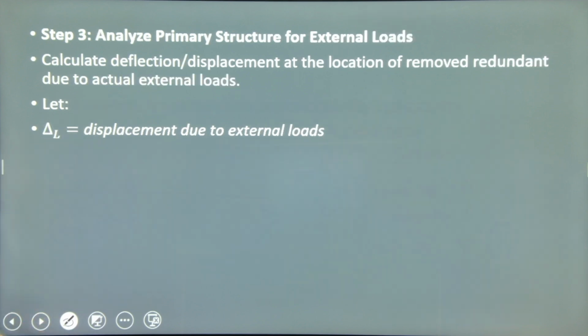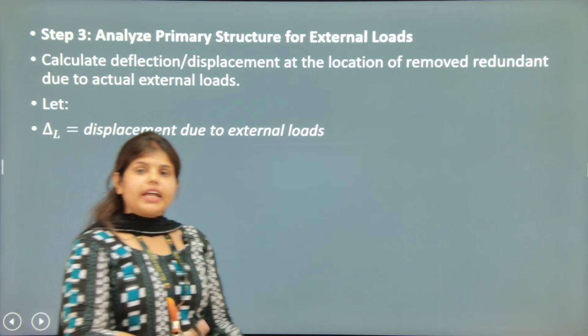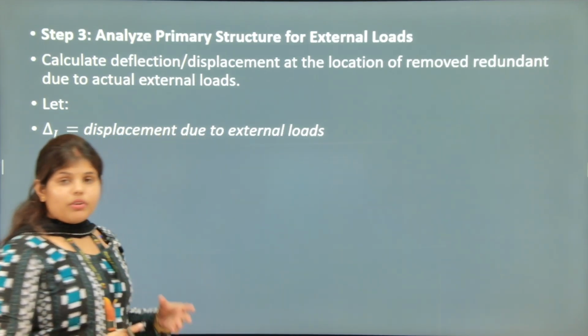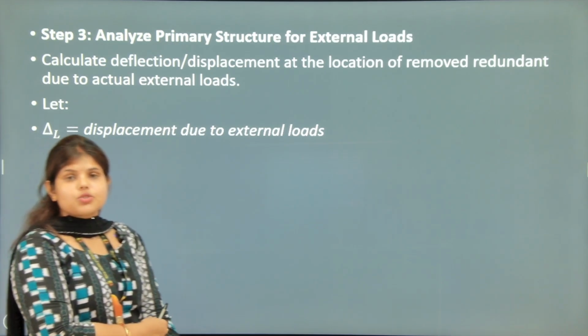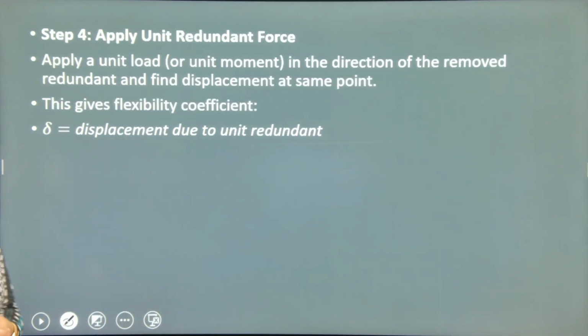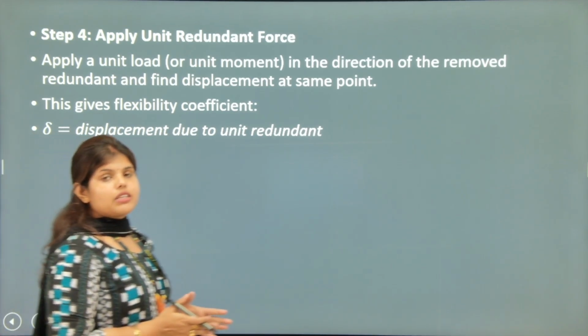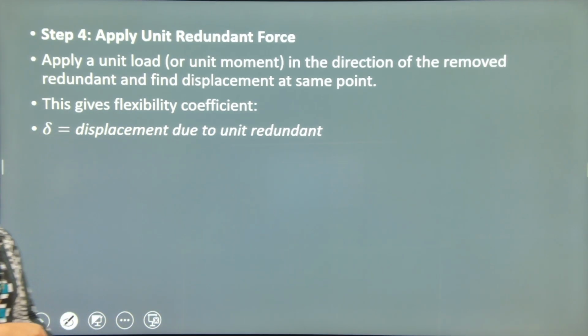Next step, we will analyze the primary structure for the external load. Whatever the external load we have, we will analyze the structure on the basis of that. In the next step, we will analyze the structure using the redundant force.